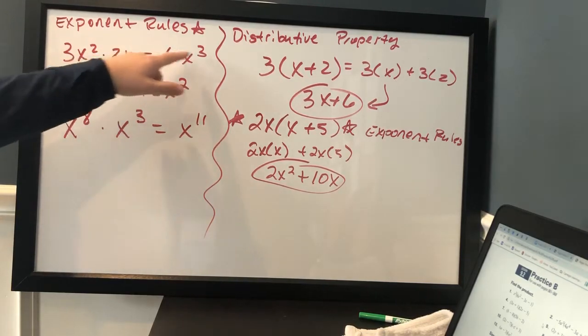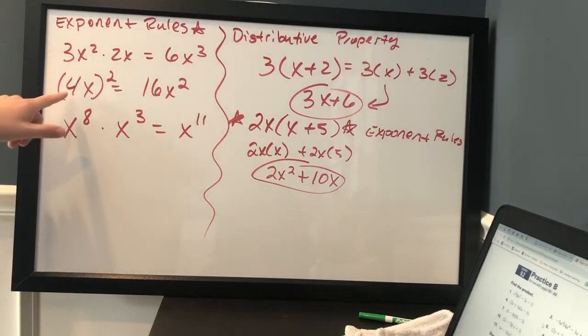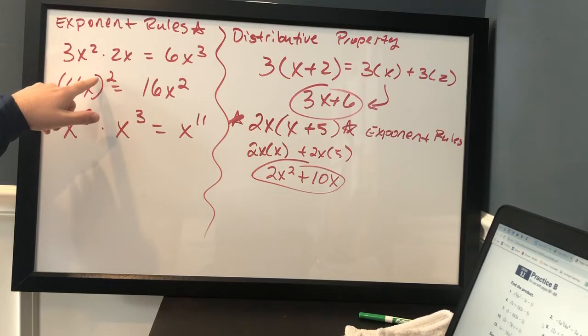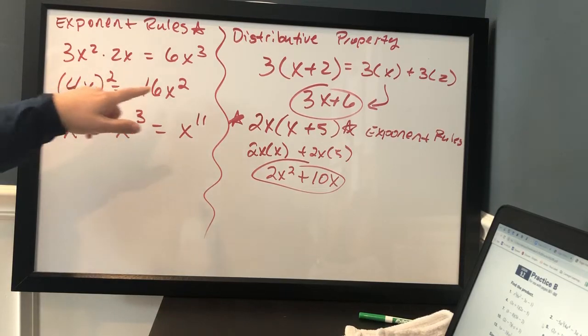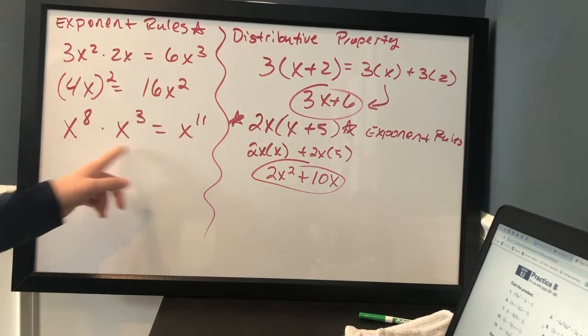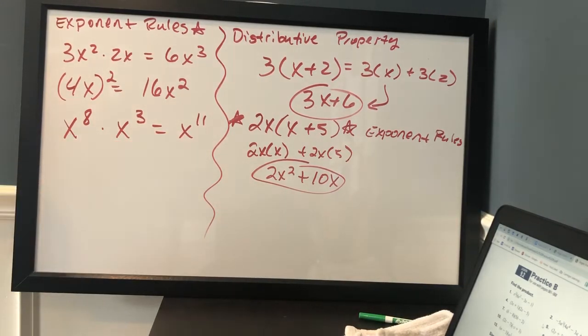So 2 plus 1 would be 3. If you get this, which is the power rule, it says we have 4 squared, which is 16, and then x to the power of the 1 that should be here times 2 would be 2. And then just simple product rule again, x to the 8th times x to the 3rd would be x to the 11th. Remember, the rule is you keep the base and you add the exponents.